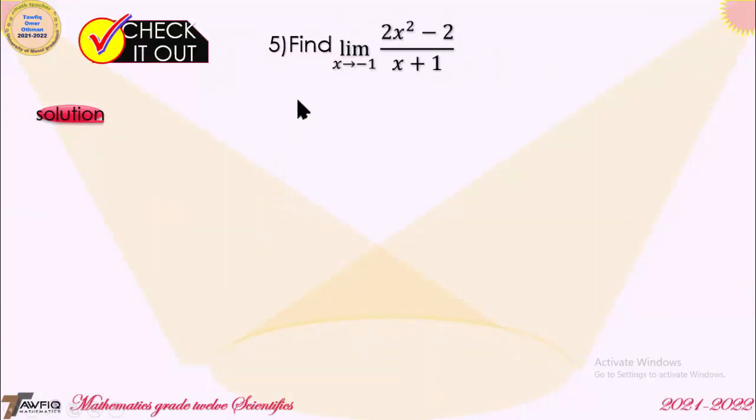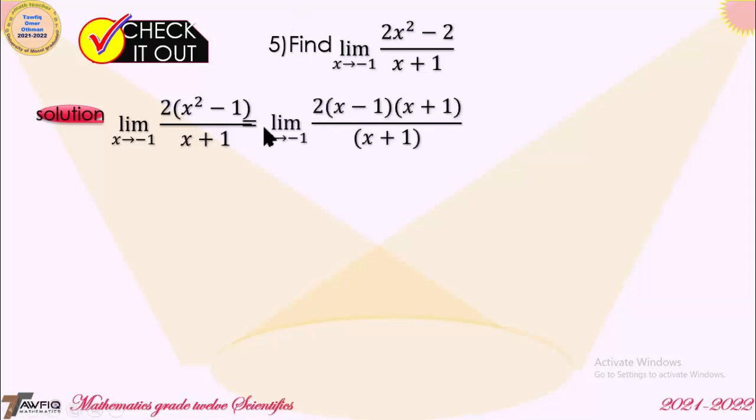Check it out. Find the limit as x approaches minus 1 of 2x squared minus 2 over x plus 1. By factoring, taking 2 as a common factor and then factoring this by using the difference of two squares, it becomes the limit as x approaches minus 1 of 2(x minus 1)(x plus 1) over x plus 1.